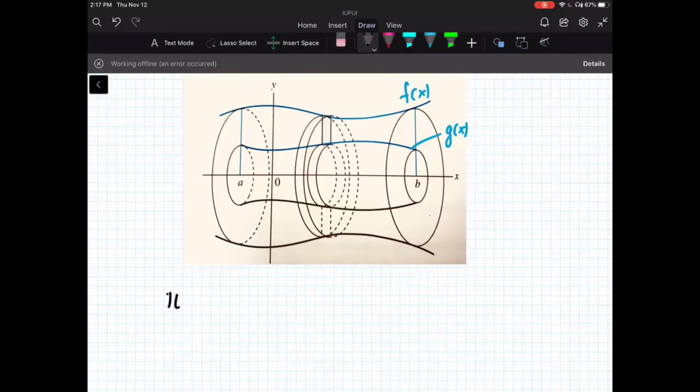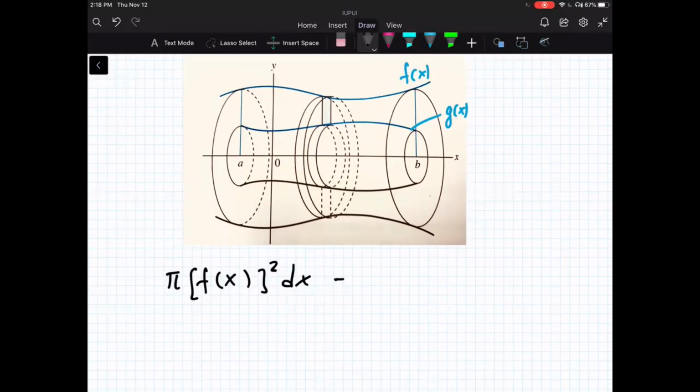It is, as we discussed, pi times the radius of the disk, which is the outer radius, f of x squared dx, while the volume of the hole in the center will be pi times g of x squared dx. This is the volume of the washer.